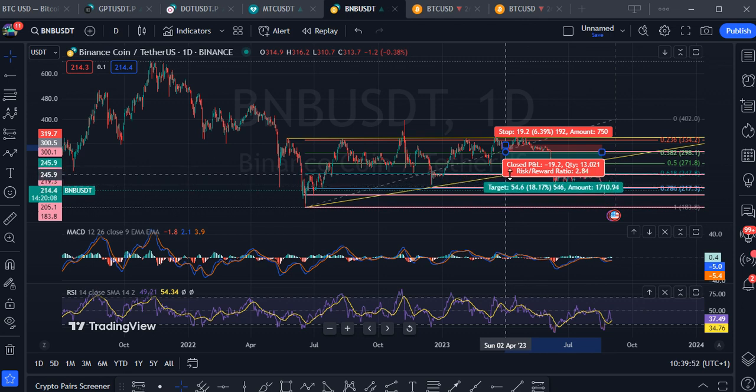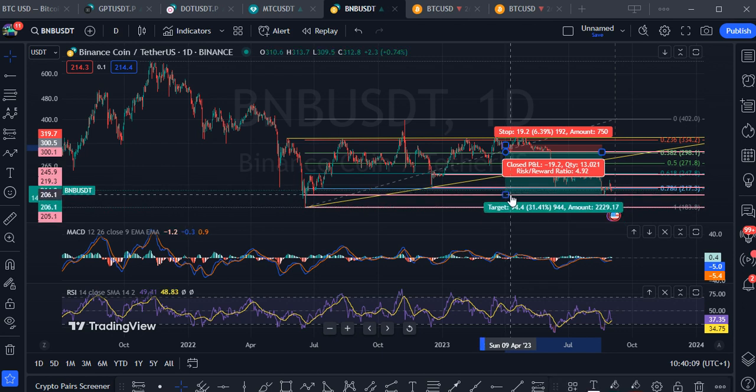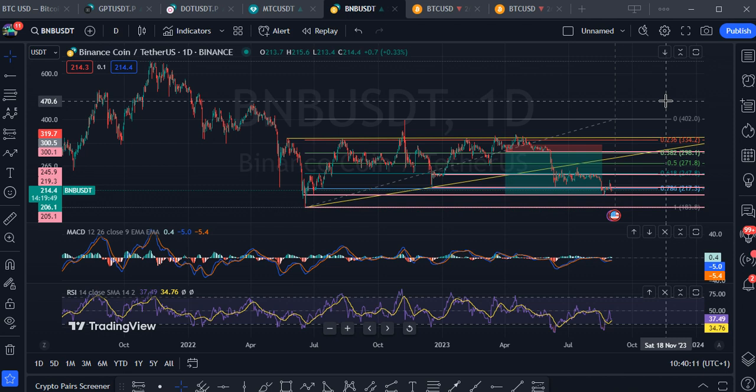So 18, 27, almost extreme greed, 32%. And the fourth one would have been 38%. Happy with that. That little touch there, sell off, get in.